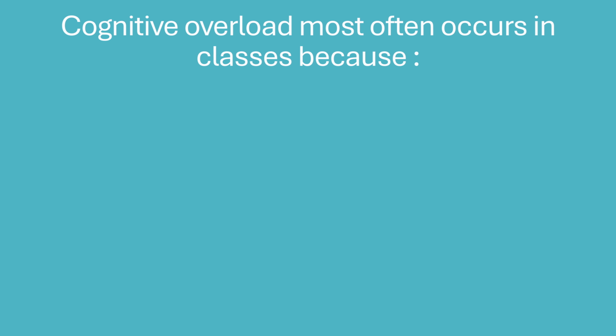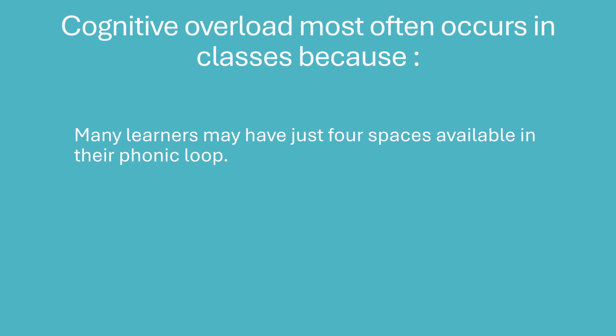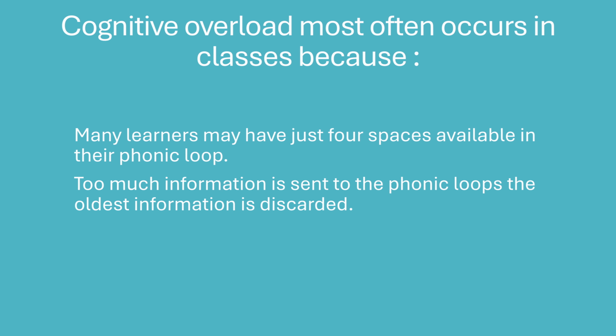So just thinking about those types of things in our classroom, we can recognize that cognitive overload often occurs because many learners just have 4 spaces available in their phonic loop. Too much information is given out to them, and in the phonic loop the oldest information is discarded and the newest comes in.